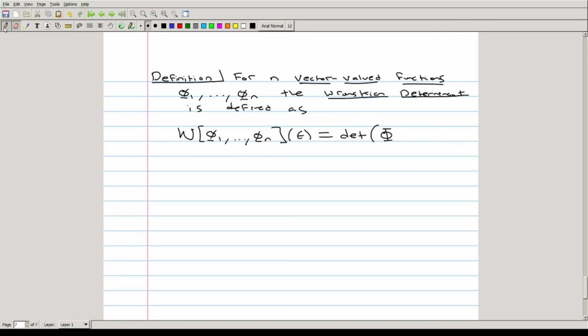And I'll be specific, capital Phi of T, which is the determinant of the matrix with columns of phi1 to phi(n). For each of these, like I said before, I'll be specifically indicating here that these depend on T. They're all vector valued functions.